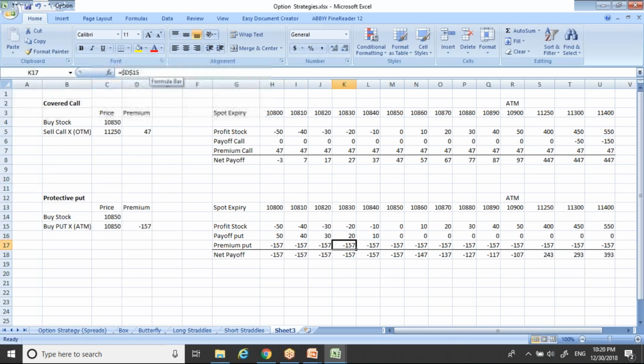Right? So you have limited loss, unlimited profit, similar to a call. So this is the protective put.